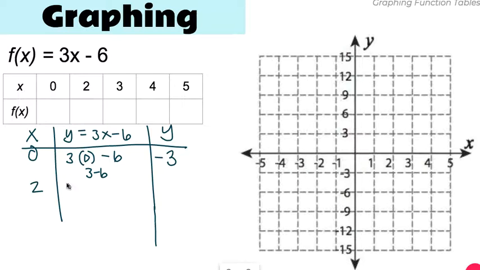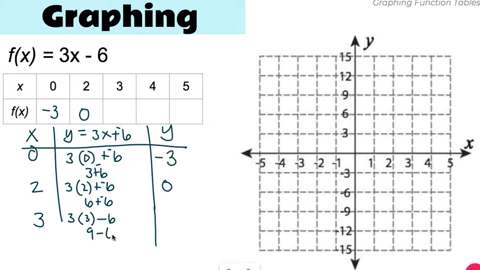When x is 2, 3 times 2 minus 6. 6 minus 6 is 0. Now, when you're doing your subtraction, adding the opposite will absolutely be helpful to you. At this point, I'm leaving it up to you to do that. Hopefully, you know that makes life a little bit easier. When x is 3, I get 9 minus 6, which is positive 3.